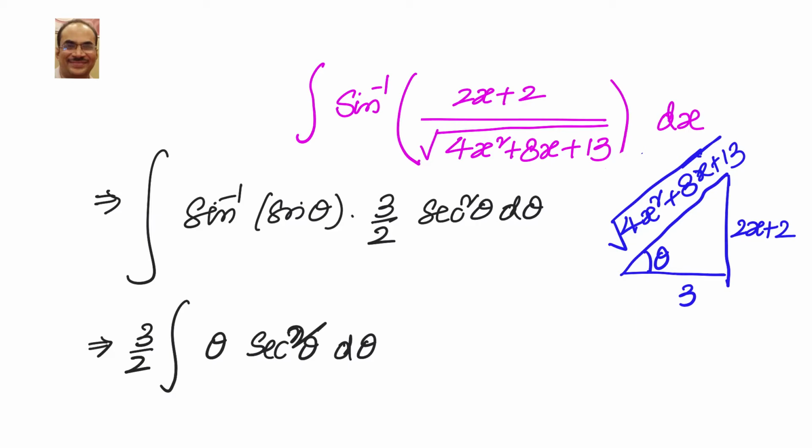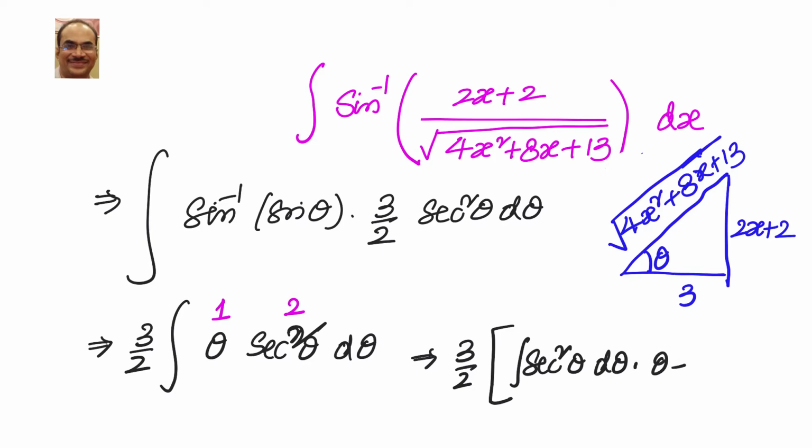By using integration by parts, taking secant square theta as the second function and theta as the first function, we can write down our next step as 3 by 2 into: first we have to integrate the second function. So I'll write down the integral of secant square theta d theta, multiply that with theta, minus the integral of, we have to differentiate the first function, then write down the integral of the second function there.